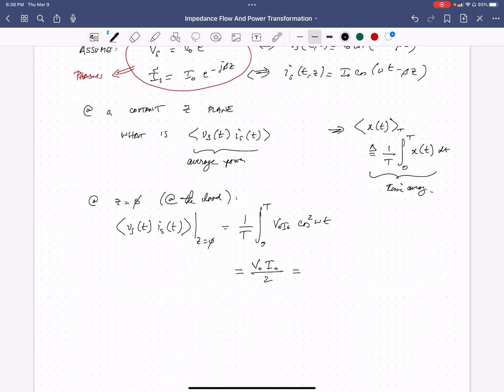So that's the average power at z equal to 0.